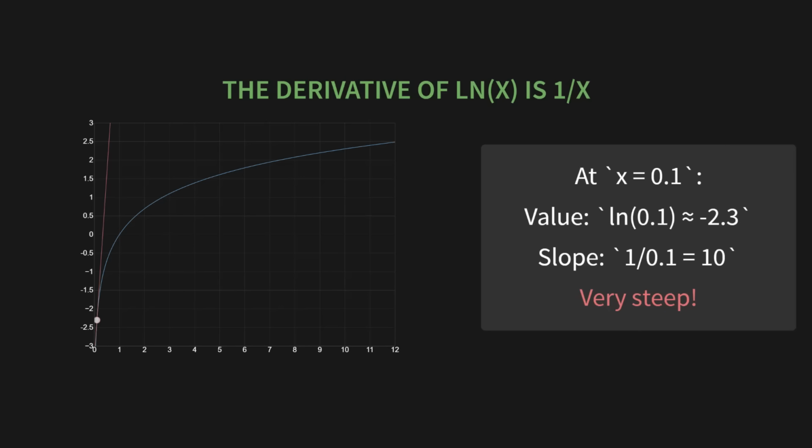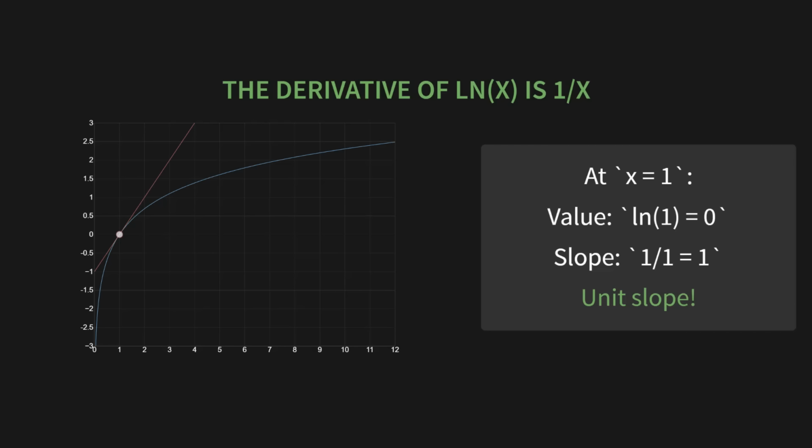First, let's check a point close to 0, like x equals 0.1. The value, ln of 0.1, is about negative 2.3. But the slope is 1 over 0.1, which is 10. Very steep. Okay, let's move to x equals 1. The value, ln of 1, is exactly 0.